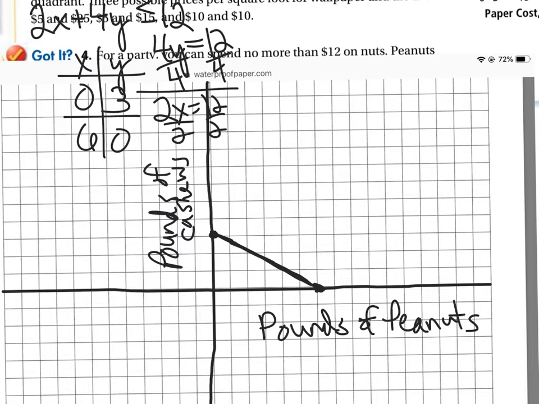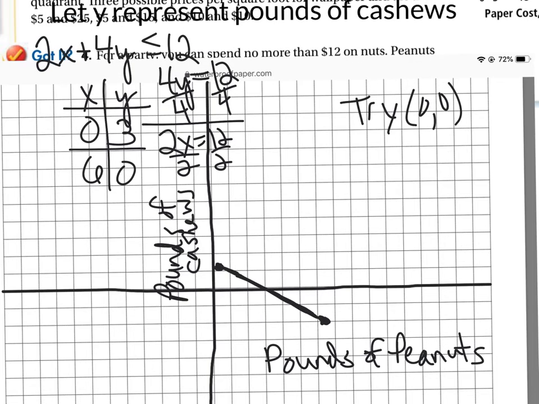So now to figure out which side of this line we need to shade on, our line doesn't go through (0, 0), so we could try that. So if we try (0, 0), we had 2x plus 4y is less than or equal to 12.